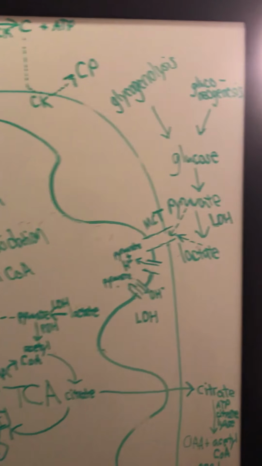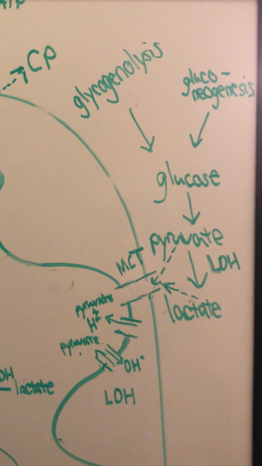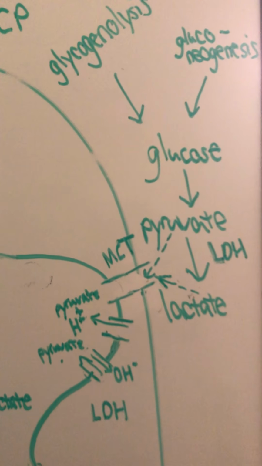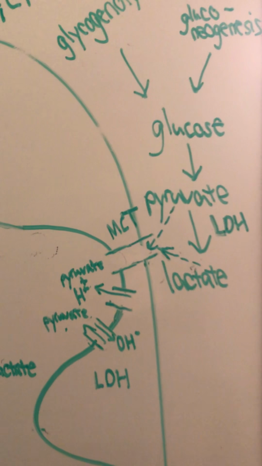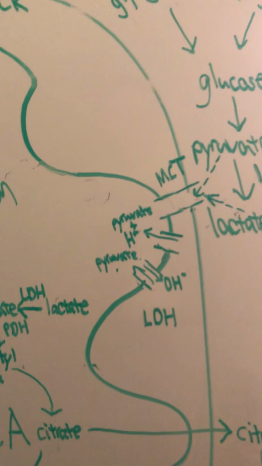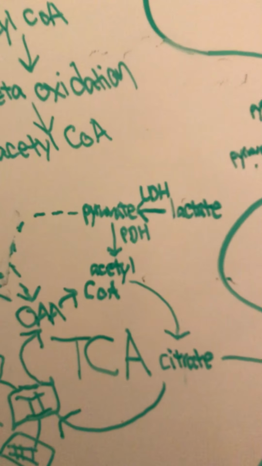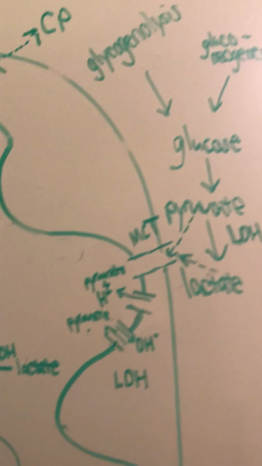As far as glucose metabolism goes, glycogenolysis and gluconeogenesis occur in the cytosol. Glycolysis occurs in the cytosol. Pyruvate conversion to lactate occurs in the cytosol, but also may occur in the inner membrane space, via LDH, as well as the matrix.